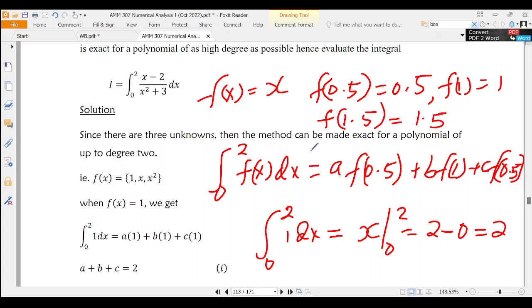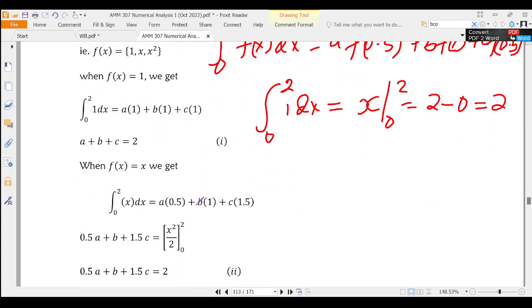So those are the values that we are going to substitute when we consider the case f of x is equal to x. So in this case, we have the integral from 0 to 2 of x dx is equal to a times 0.5 plus b times 1 plus c times 1.5. And we end up with the equation 0.5a plus b plus 1.5c is equal to 2.